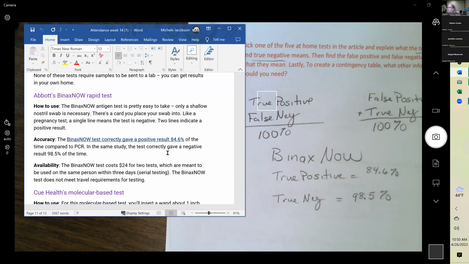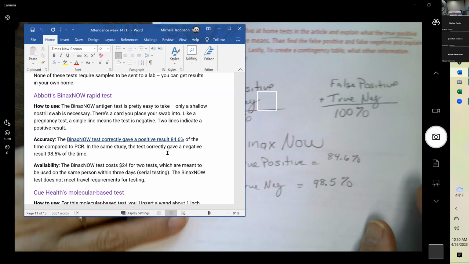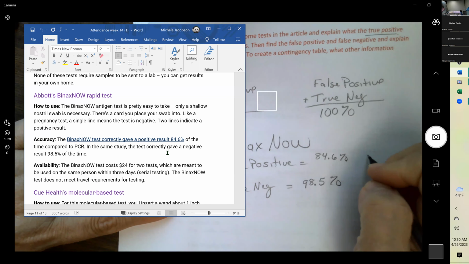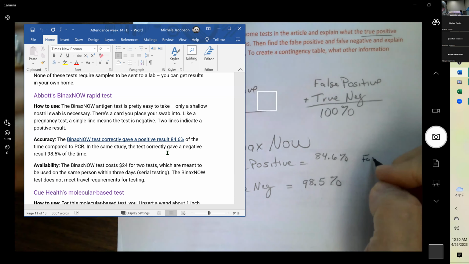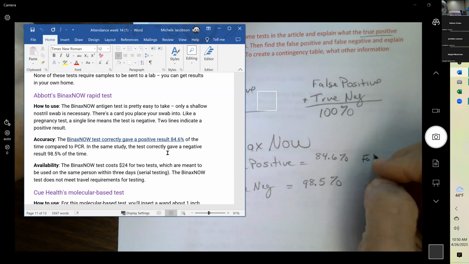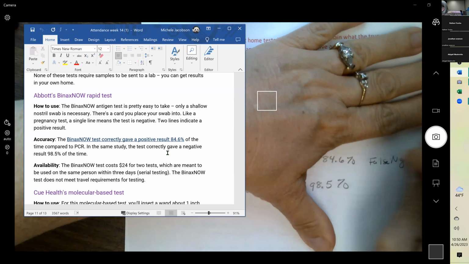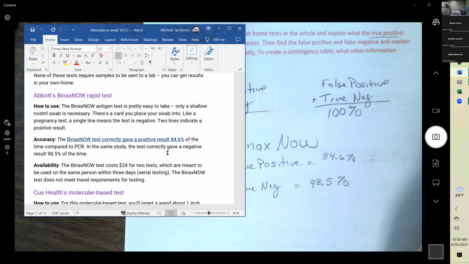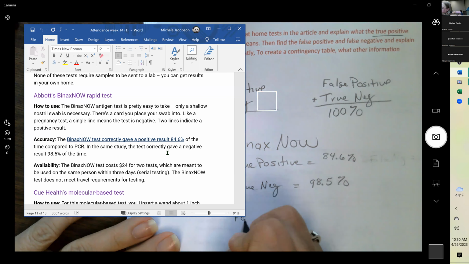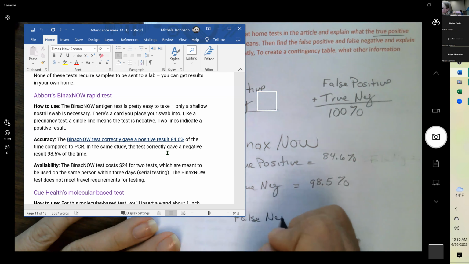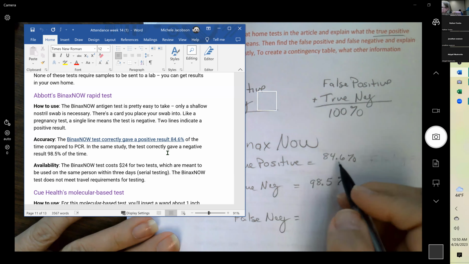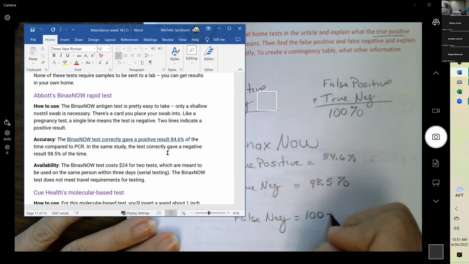And then the false negative is the 100 minus the 84.6.